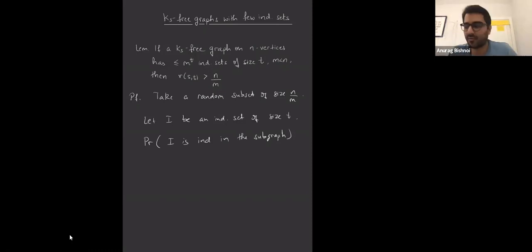It is simply the probability that this set of t elements is in your choice of n over m elements. So this is in fact exactly equal to n minus t choose n over m minus t, divided by all possible, divided by n choose n over m.